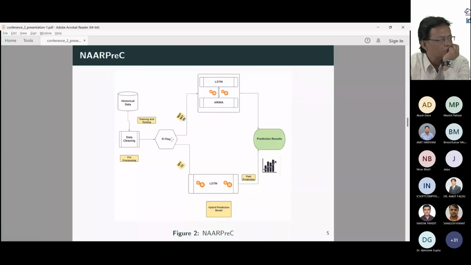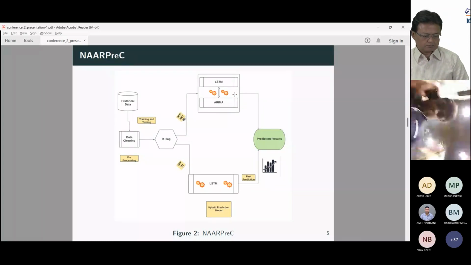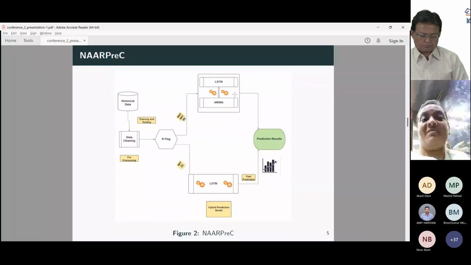Now if the CSP is not bothered about the time, and wants the accurate result, then they go with the hybrid model. For that, the R flag should be set to 0. And here the ARIMA plus LSTM model is used.